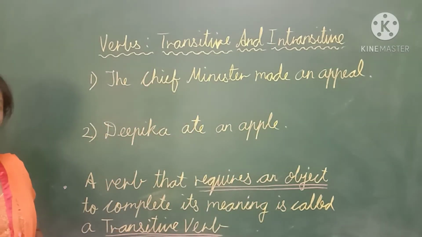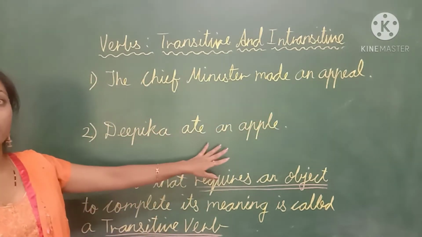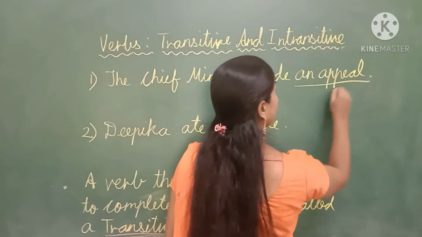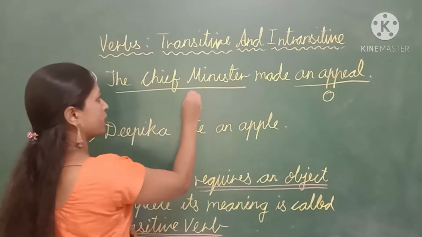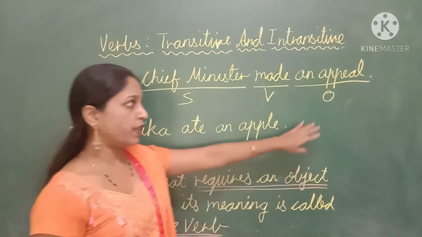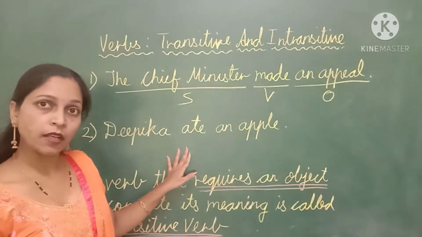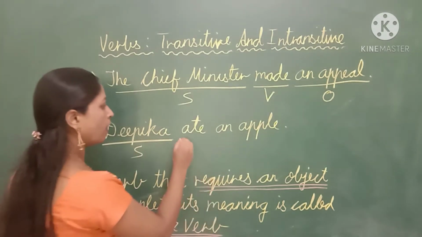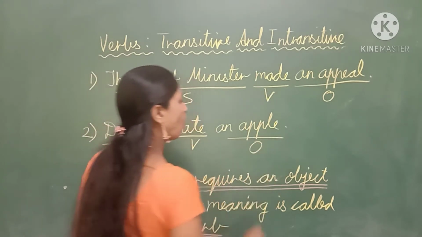So, if you see very properly, an appeal and an apple are completing the sentences. In the first sentence, an appeal is the object of the sentence. The chief minister is the subject and made is the verb. So, without the object, the sentence was incomplete. Similarly, in the second sentence, Deepika is our subject, ate is the verb, and apple is the object.